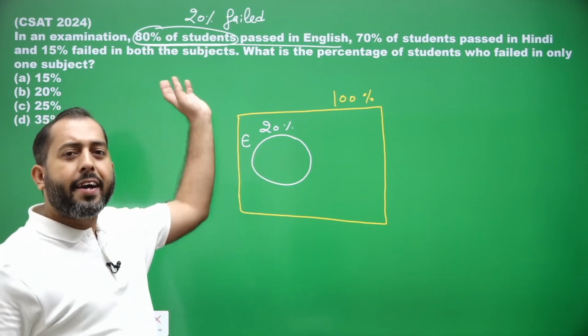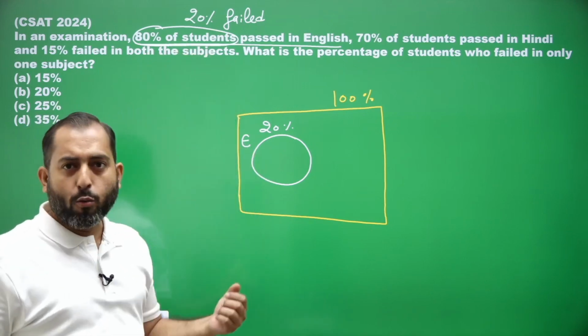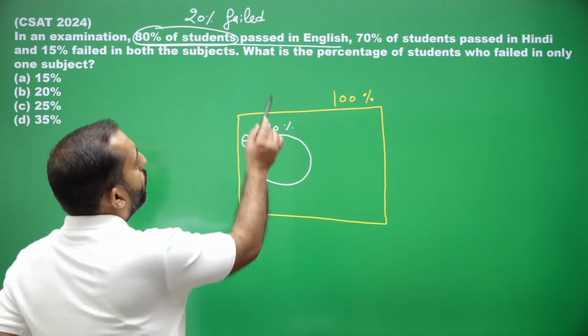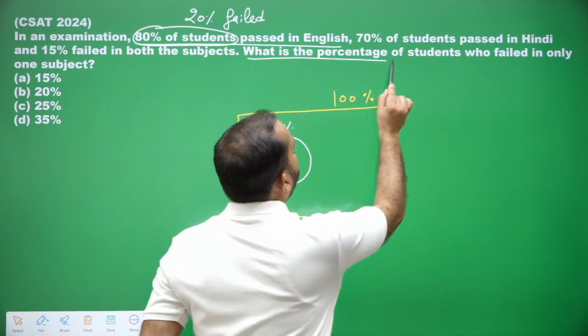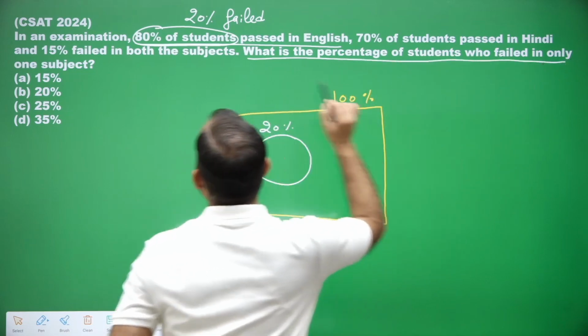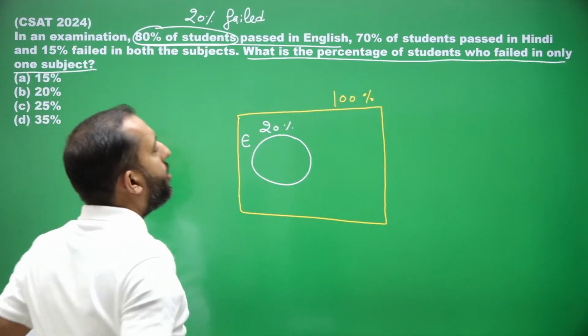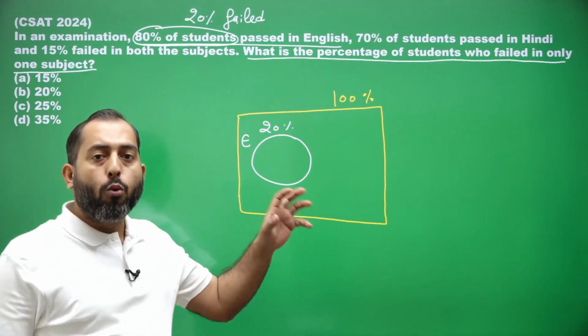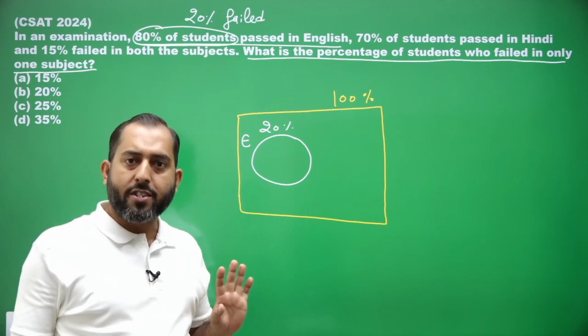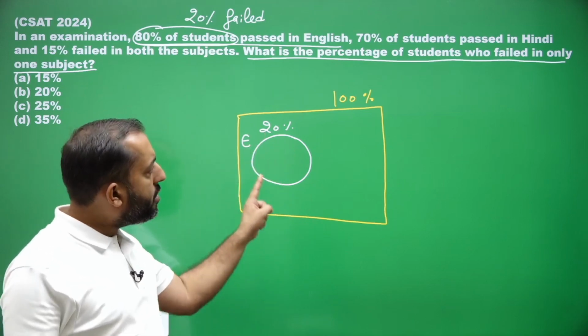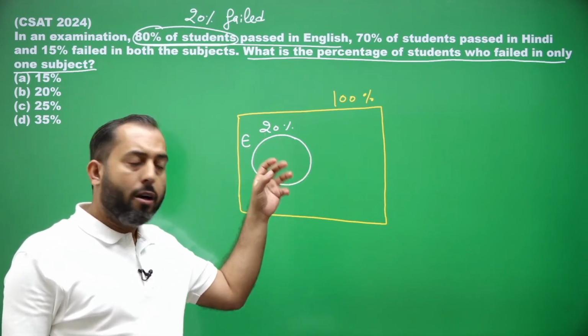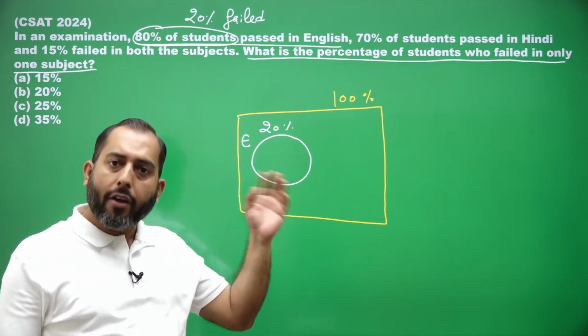Now, why did I convert this 80% into 20%? The reason is we are looking for what percentage of the students failed in only one subject. We are looking for those students who failed only in one subject. So that is why I have drawn this set for failed students only.